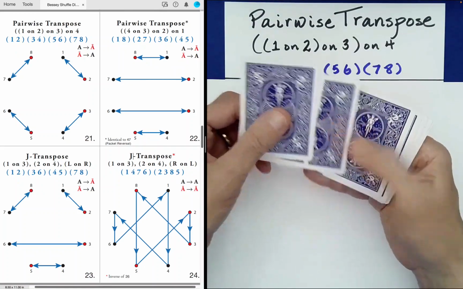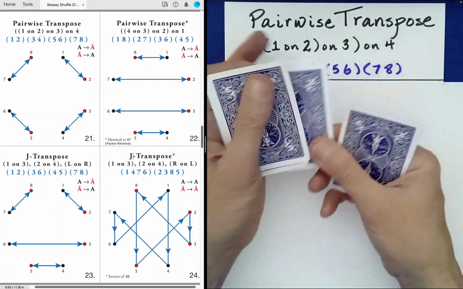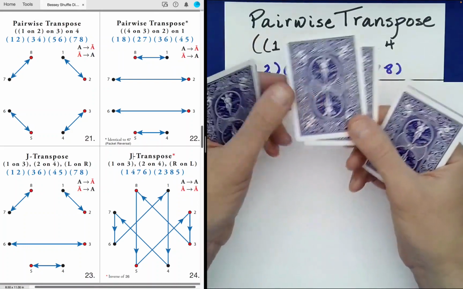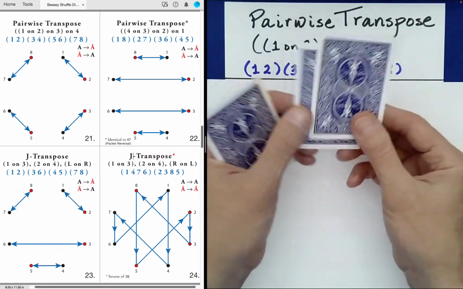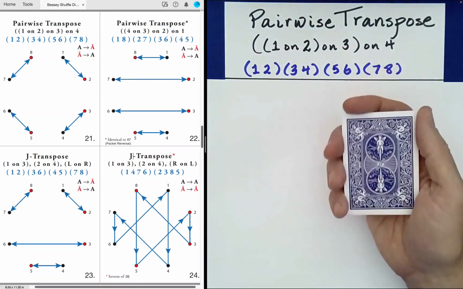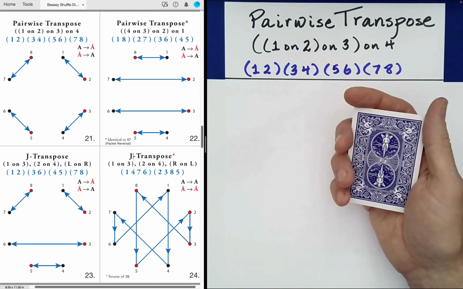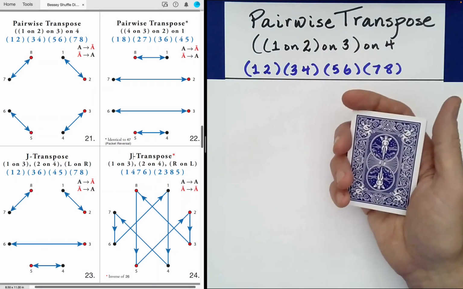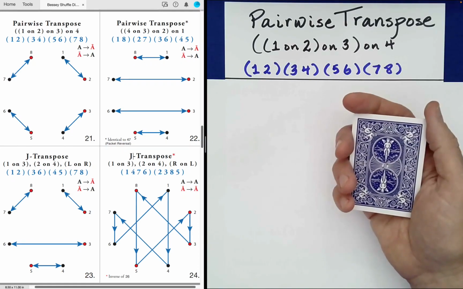Then you take the next two cards and switch them, and the next two, and the next two. That is a pairwise transpose. As we'll see, there are perhaps easier ways of accomplishing that same permutation, and I'll show you in just a moment how to do that.